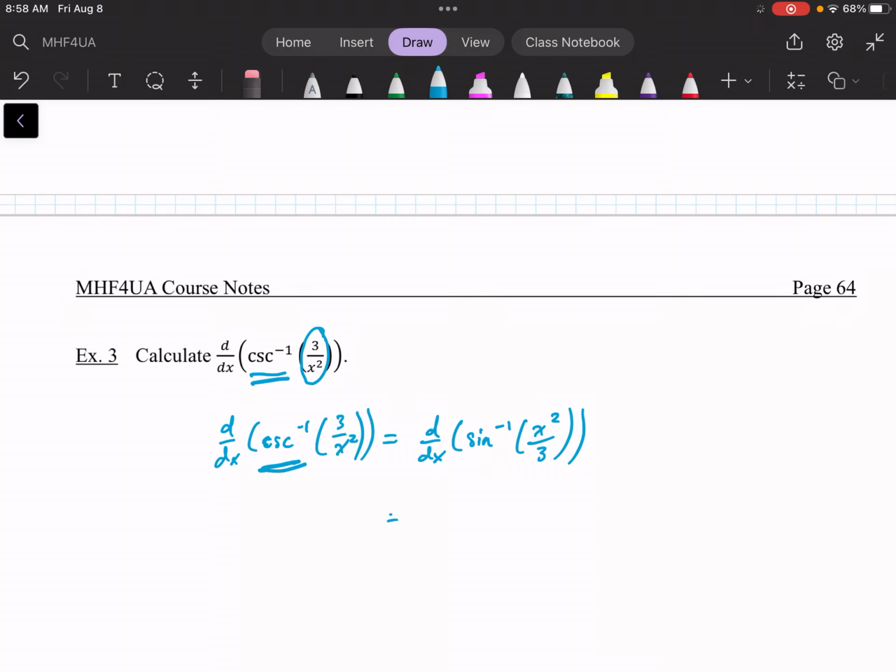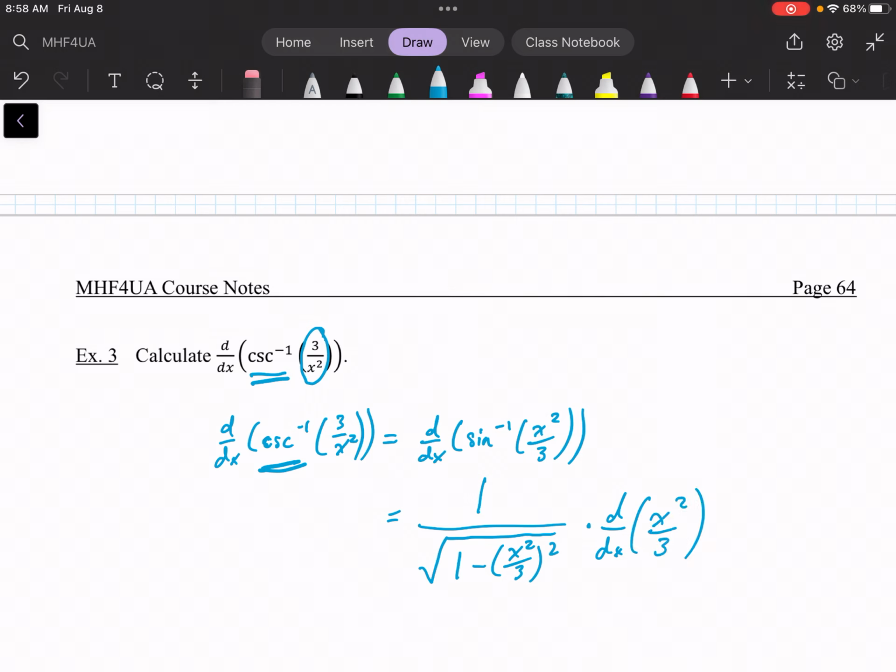So, using what we know, the derivative of sine inverse of x is 1 over the square root of 1 minus the expression squared. But you also have to find the derivative with respect to x of x squared over 3, because this is just chain rule.